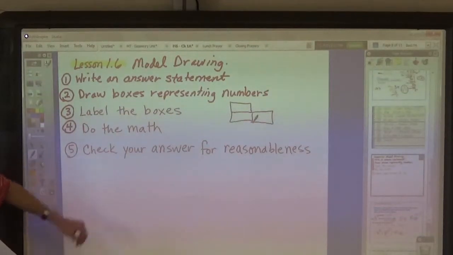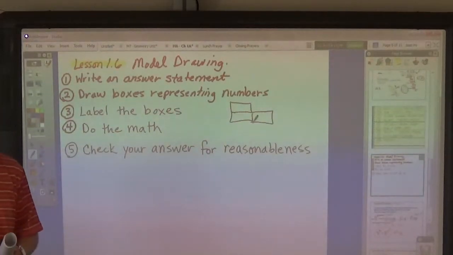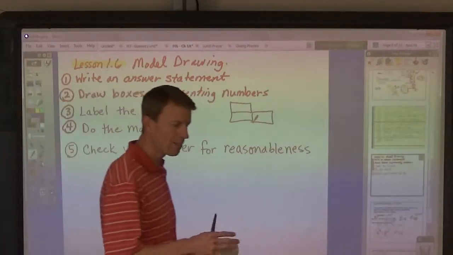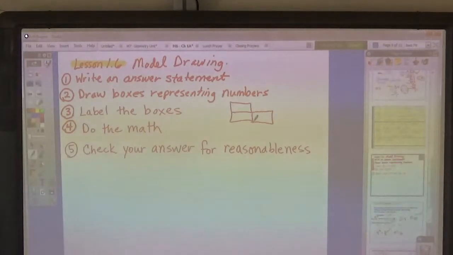We talked about that earlier when we were doing problem solving. What does it mean to check your answer for reasonableness? Raise your hands. What is reasonableness? Think about that. Raiden? Don't know, but I have a question. Okay, well, let's see if we can get an answer to this first.